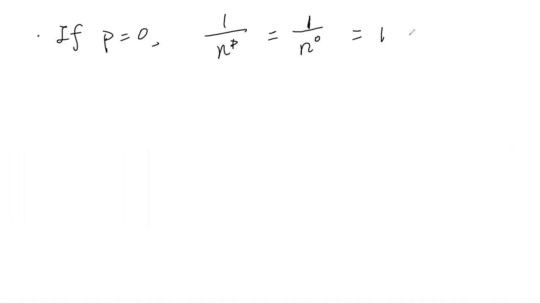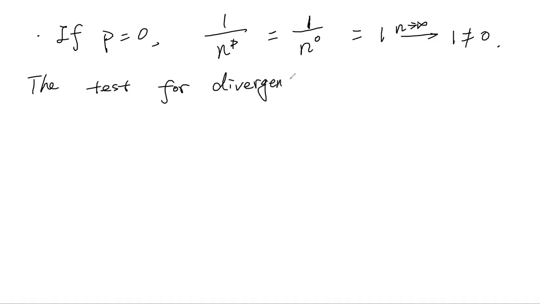And again, as n approaches infinity, this is 1 and it's not equal to 0. And then from the test for divergence, this implies the series diverges.